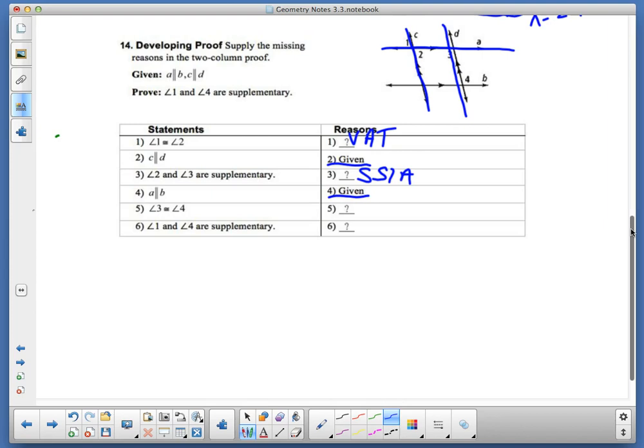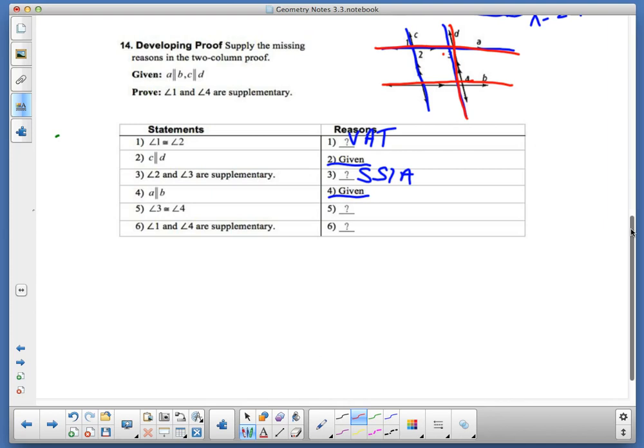Mm-hmm. Now, I know A and B are parallel. Okay, they told me. So I've got A is parallel to B, all right? And now I've got this transversal again, but I got 4 and 3. How do I know 4 and 3 are related? What type of angles are they? They're alternate, yep.